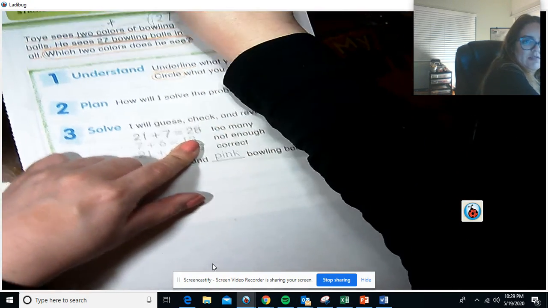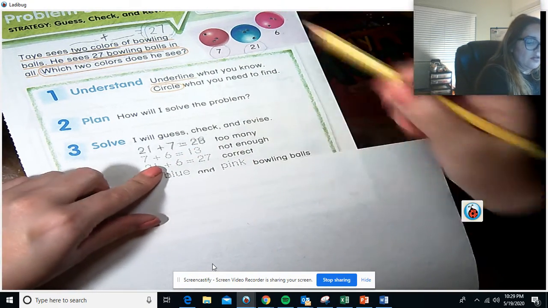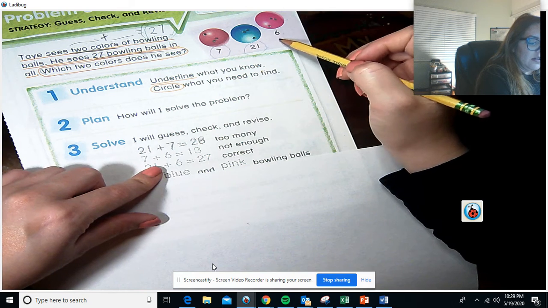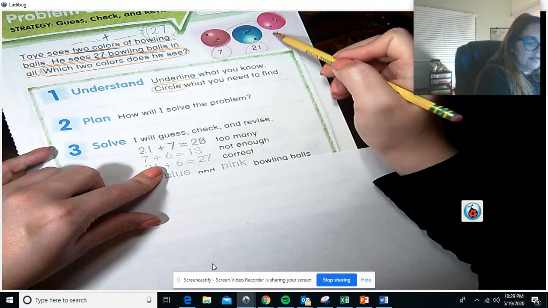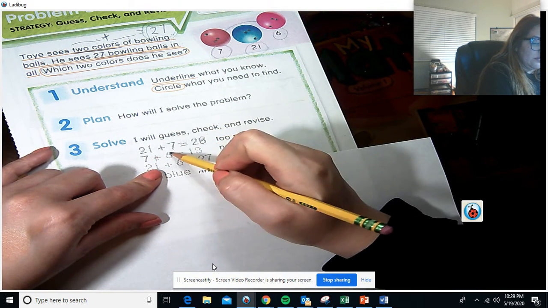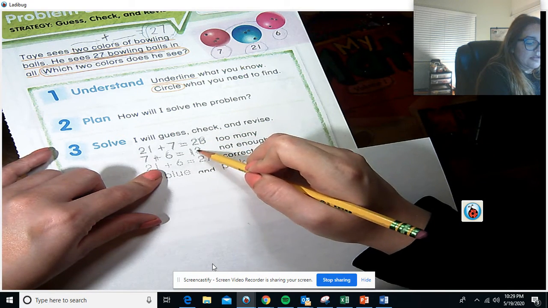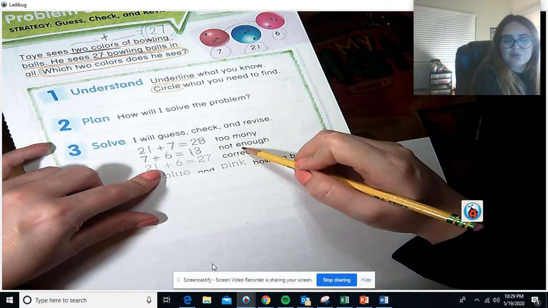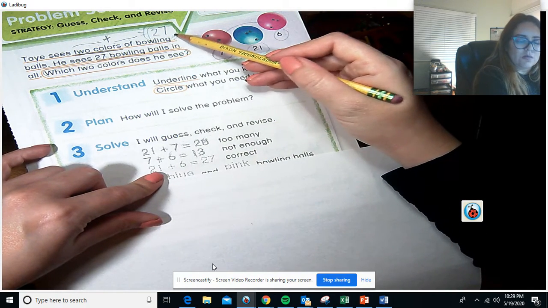We're looking for 27. Okay, maybe he saw 7 and 6. Okay, maybe he saw those 2 colors. That equals 13. That number's too small. It's not enough. We want it to equal 27.